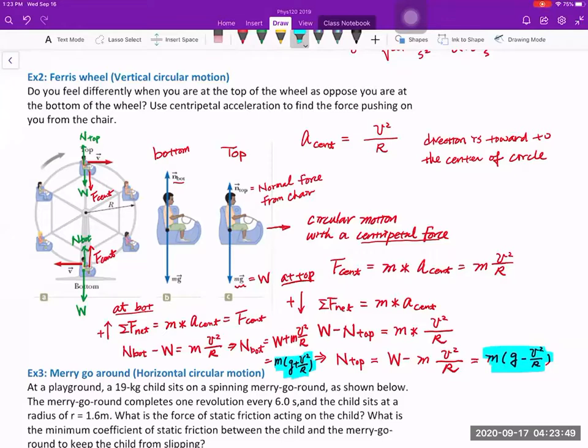So obviously, when you are at the bottom, you feel more, as opposed to when you are at the top. When you're at the top, you feel your heart is going to fly away, and that was due to the acceleration actually, and that will tell you why you feel differently. And this is the way that we can show you.